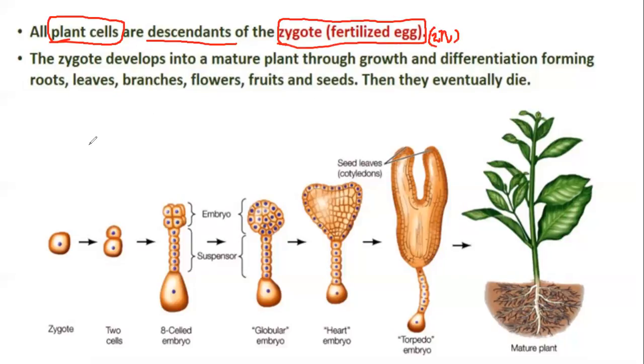The zygote is the portion from which the plant matures. That is, right from the single cell, the plant makes a journey up to the mature plant.